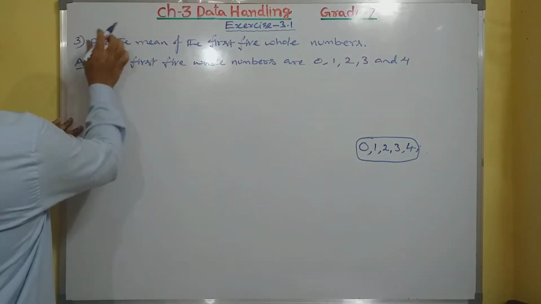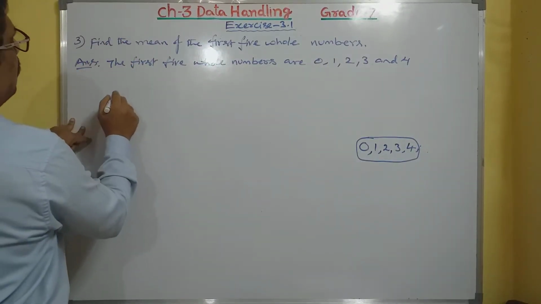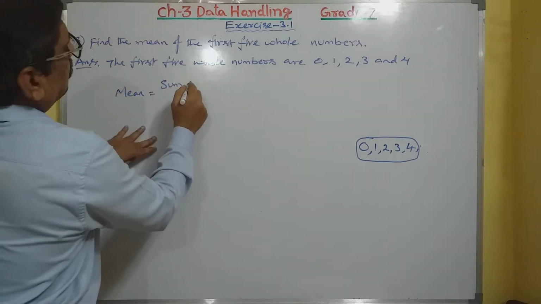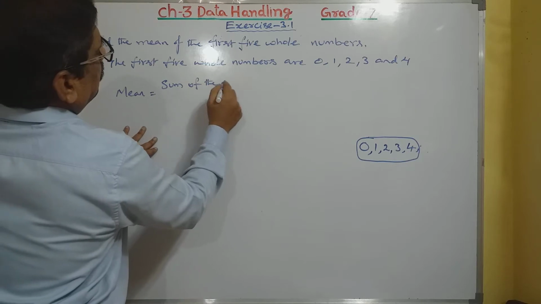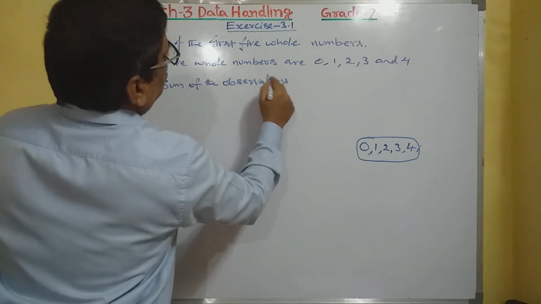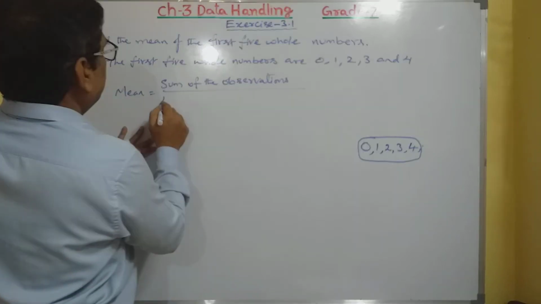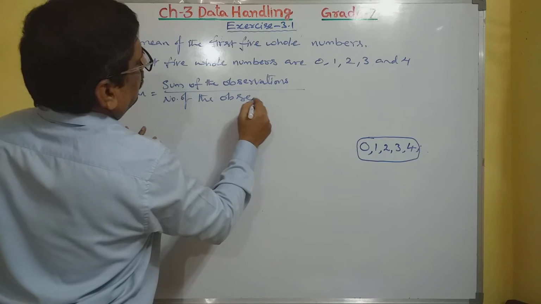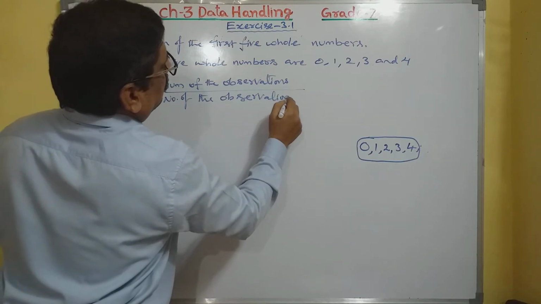Now we have to write the formula. Mean is equal to the sum of the observations by the number of observations.